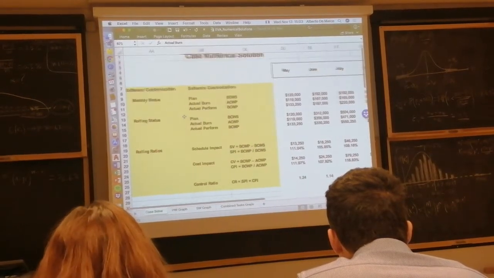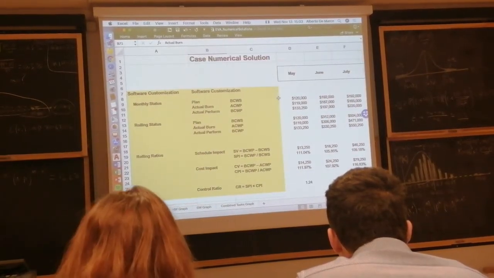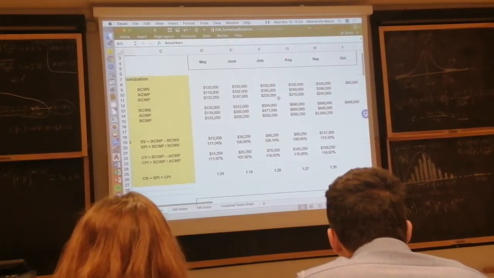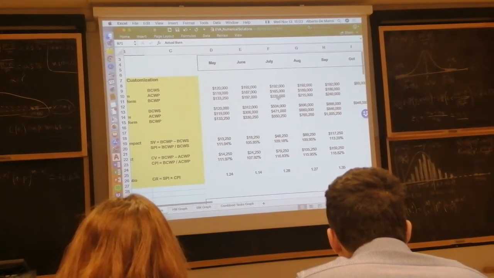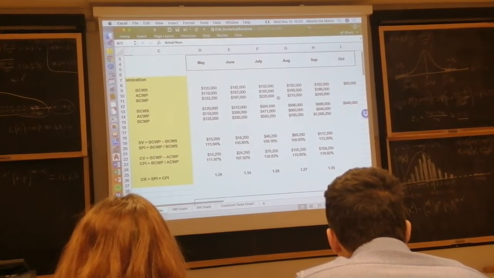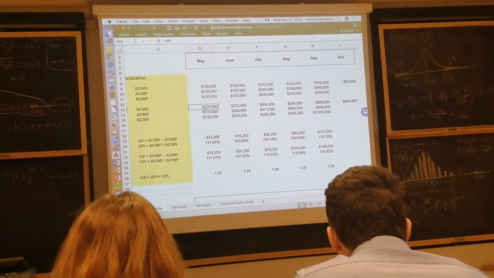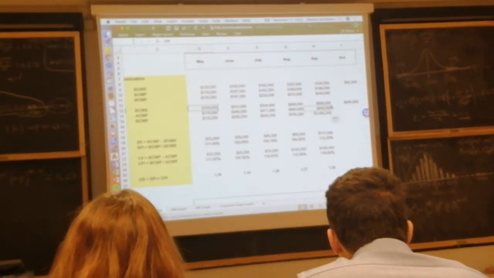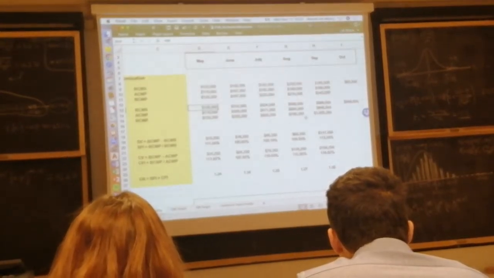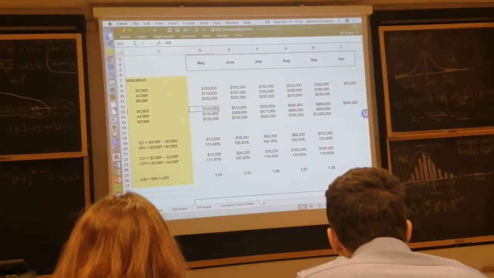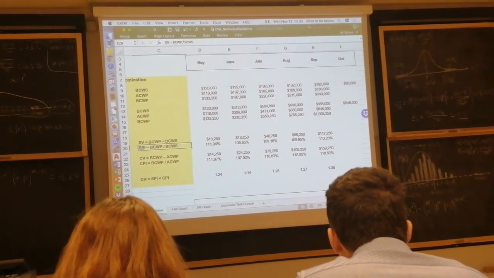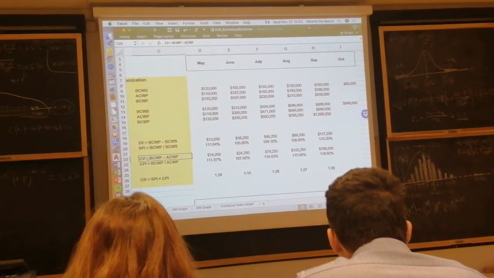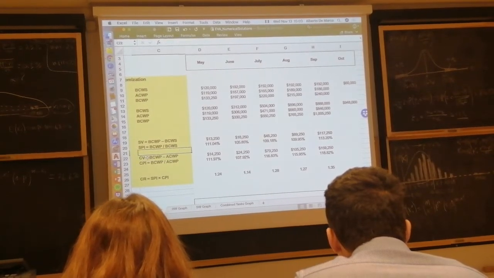Okay, so that is the software customization. That is, for the software, the rolling status. I've calculated the schedule variance and the schedule performance index, as well as the cost variance and the cost performance index.